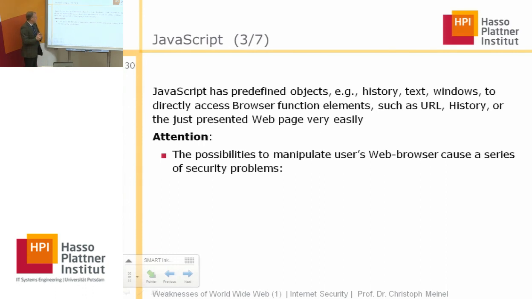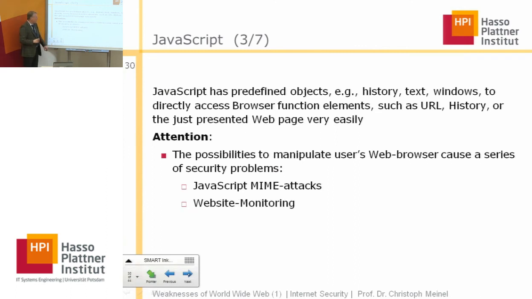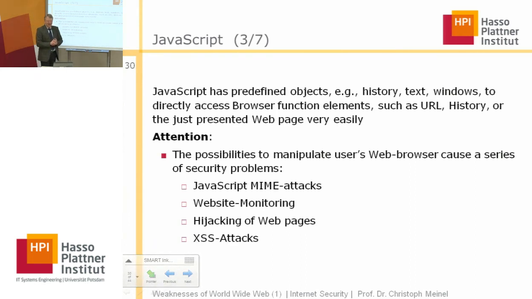The danger comes from the fact that the possibilities to manipulate the user's website provide different attack possibilities. For example, the so-called JavaScript MIME attack, or the website monitoring, or the hijacking of websites, or the XSS attack.